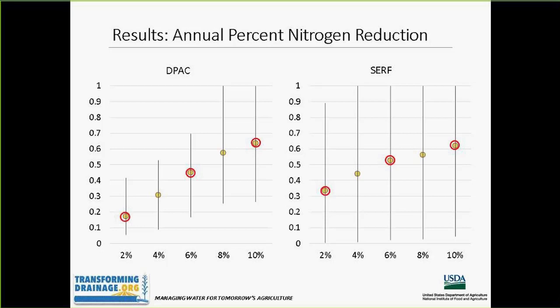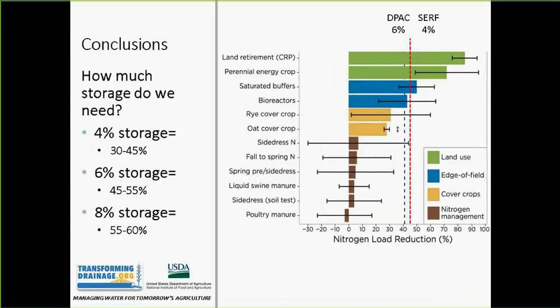Here at 4%, we hit it at the Surf site. So that target in terms of size is going to change as we move across the region. And that's essentially what I'm showing here as well, so I apologize. But we see that roughly 40% mark, and that refers back to the 6% storage at DPAC and the 4% at Surf.